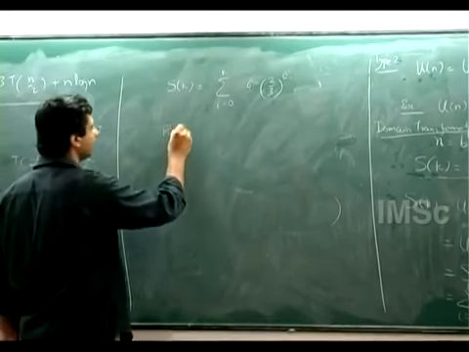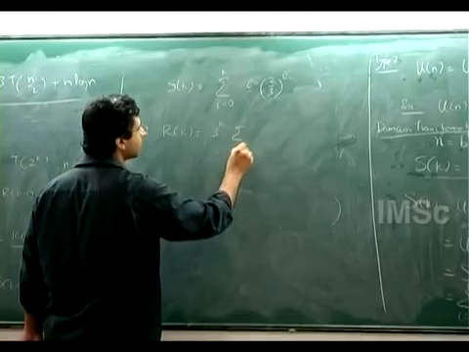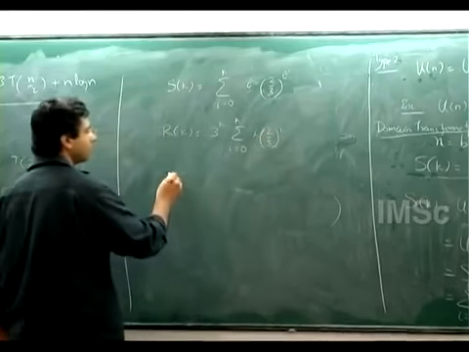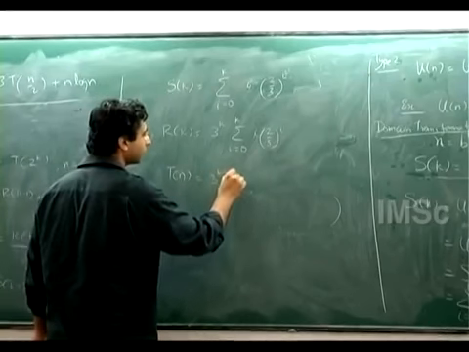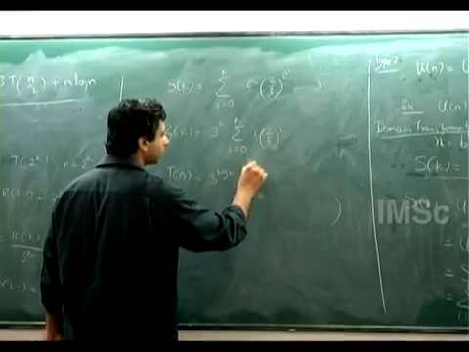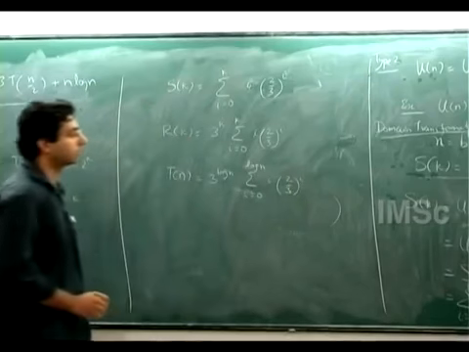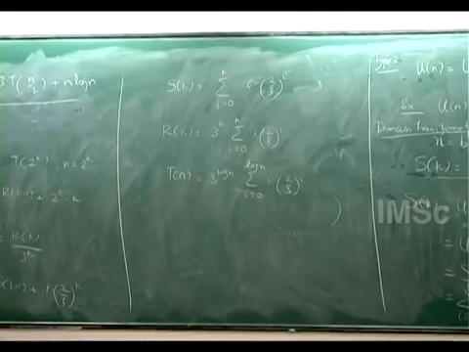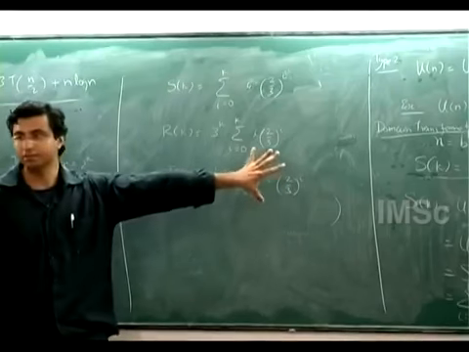Going back, R of k is 3 raised to k times this, and T of n is 3 raised to log n times the summation for i from 0 to log n of i times (2 by 3) raised to i. So even when master theorem is failing, we can still do the domain and range transformation, reduce our recurrence to a fundamental recurrence, and we get that T of n is this sum.